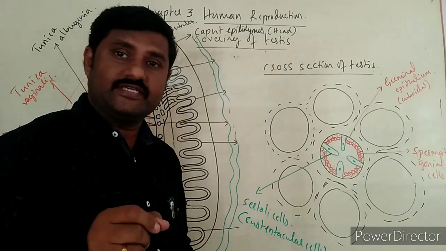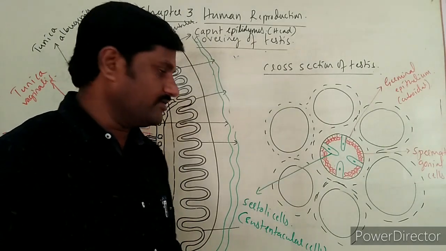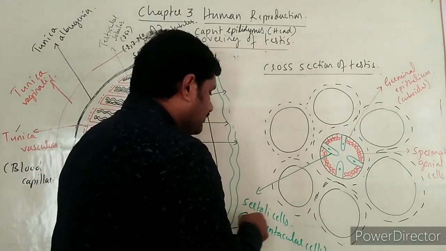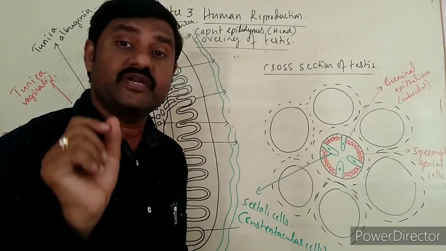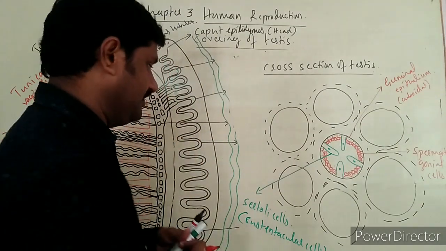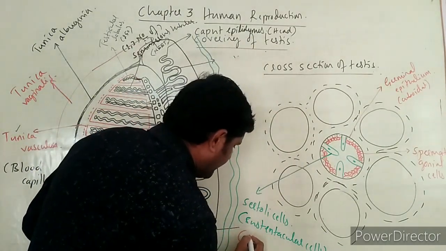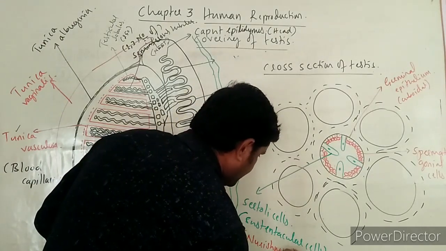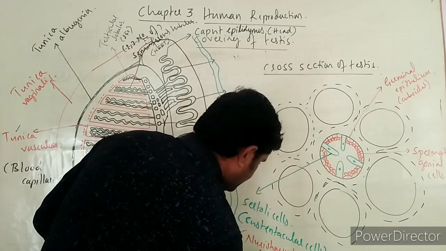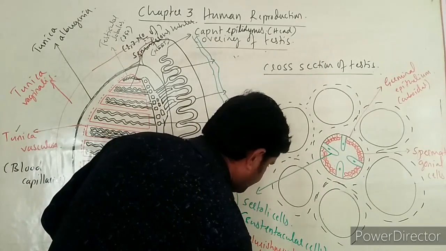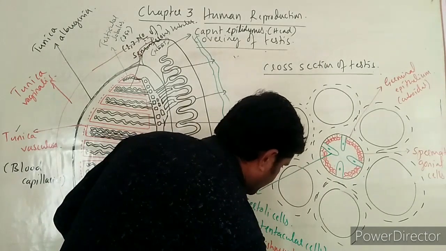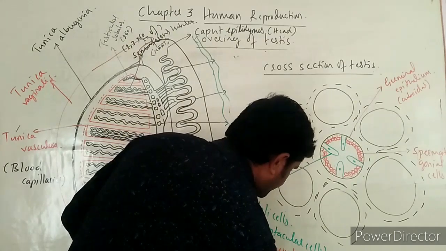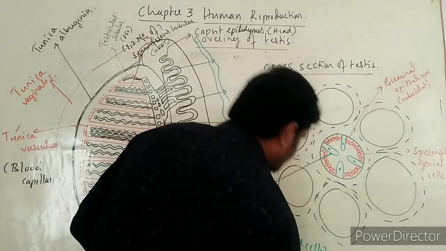Sertoli cells are also named testicular cells, and these Sertoli cells help in nourishment of developing sperms.